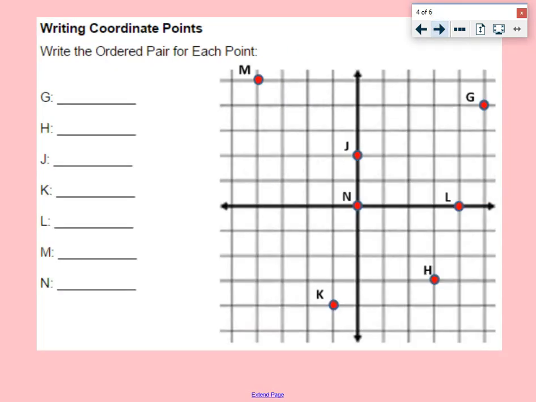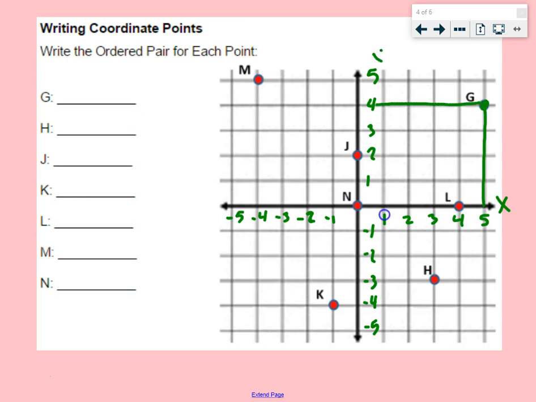Next point, writing coordinate points. So write the ordered pair for each point. So again, if you would like to add numbers to your graph, you may do so. Well, let's start with point G. Point G is where x is 5 and y is 4.